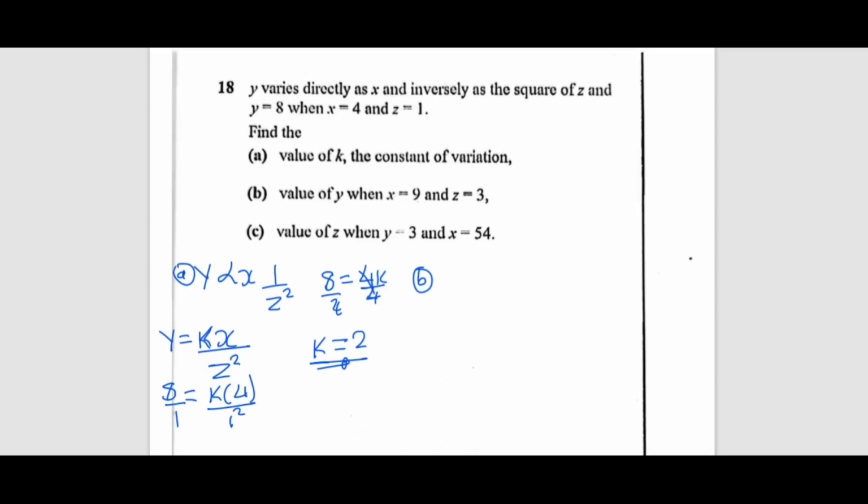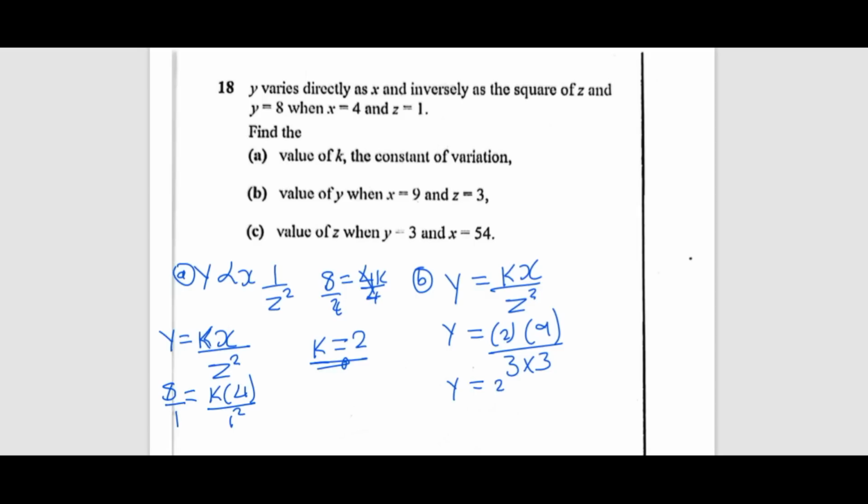Now for question B, we want the value of y. So the equation is y is equal to kx over z squared. Our k is 2, x is 9, over z is 3 times 3.